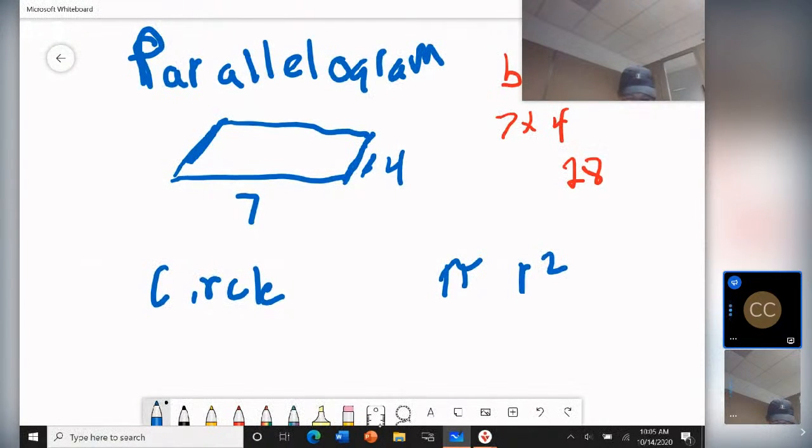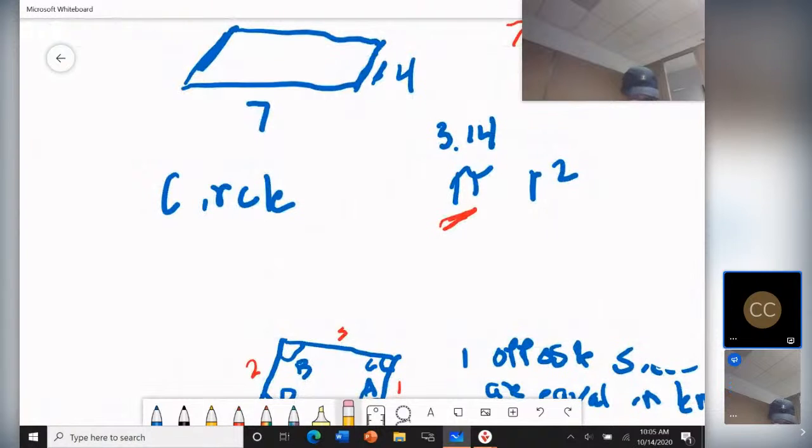And pi, you guys, is 3.14. That's just a known formula. So whenever you see this little squiggly line, it's like an R, but it has an extra thing. This thing right here, that's the symbol for pi. And that means 3.14. So let's do a circle here.